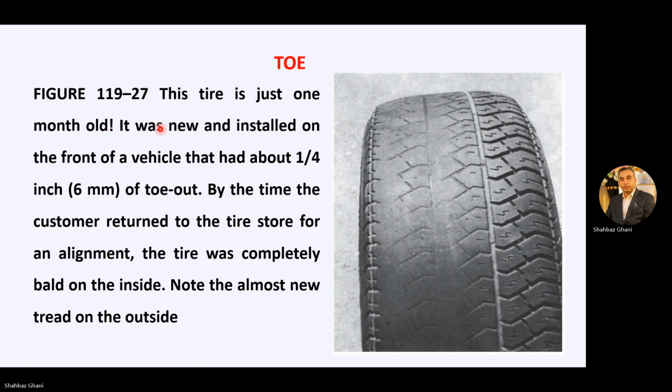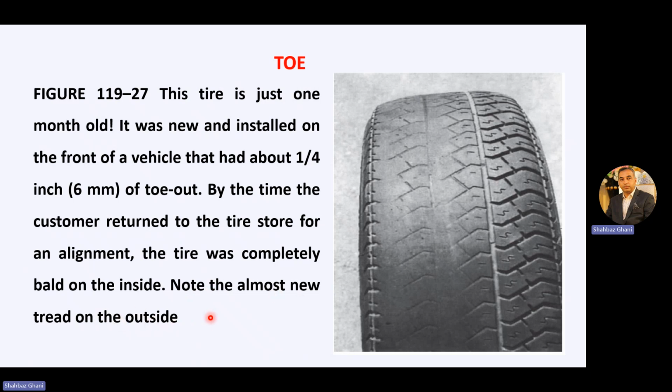Now, this tire is just 1 month old. It was new and installed on the front of the vehicle that had about 1/4 inch, 6 mm, of toe out, meaning negative toe. By the time the customer returned to the tire store for an alignment, the tire was completely bald on the inside. Note the almost new threads on the outer side.